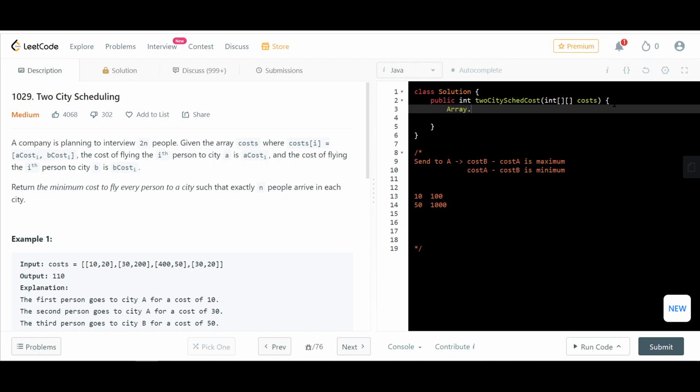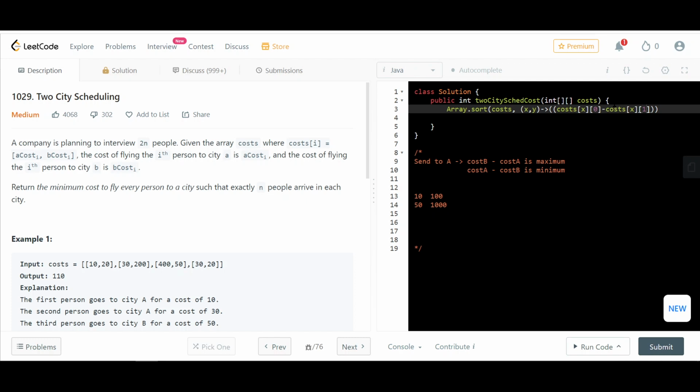So what I do is Arrays.sort costs. You've got your x, y, and the way to sort is cost A minus cost B has to be minimum. So cost A is x[0] minus x[1]. I have to minimize this, so this is the thing that I'm looking at.